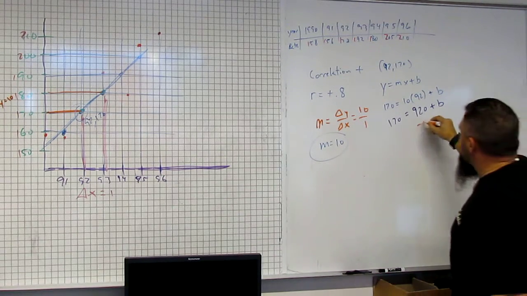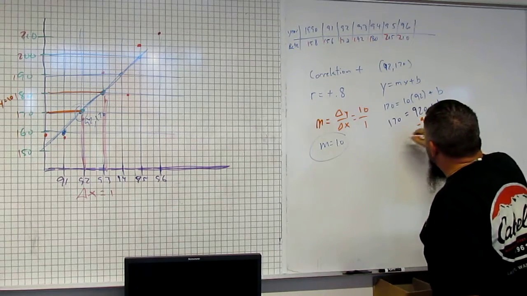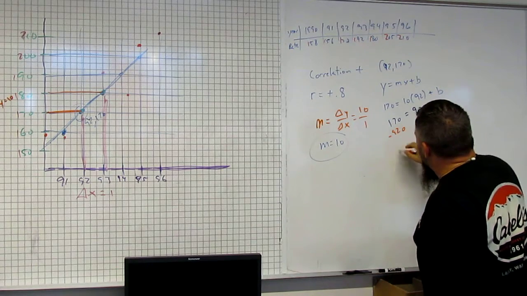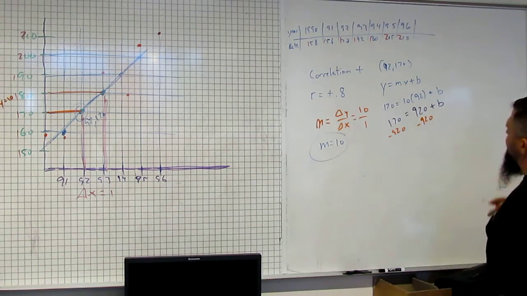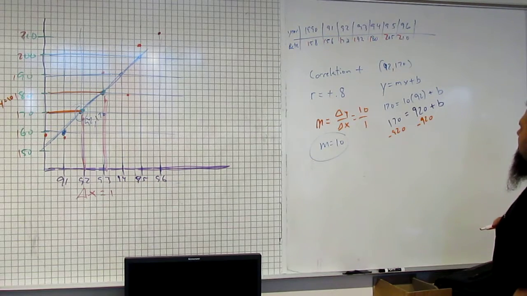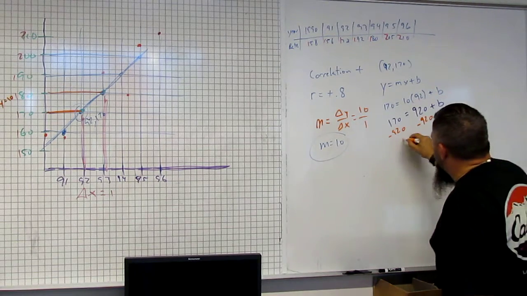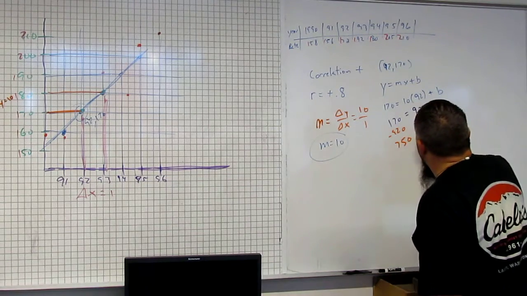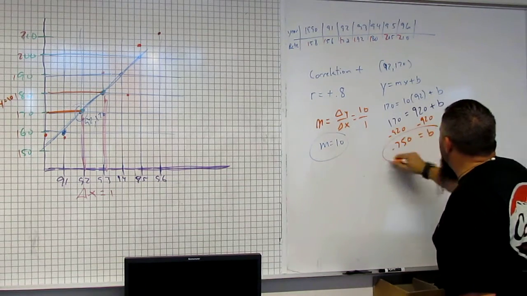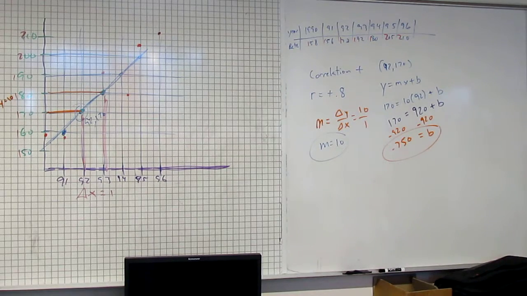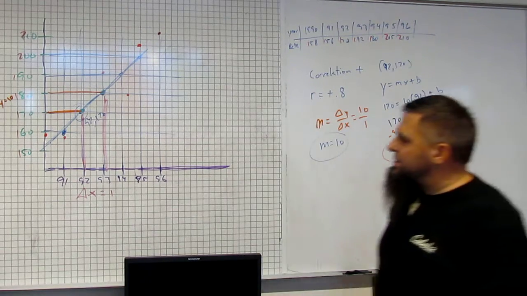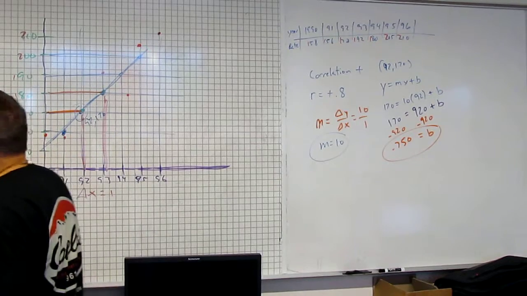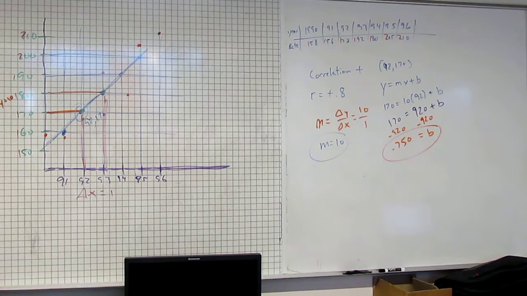I'm going to subtract 920, and I get negative 750 equals b.